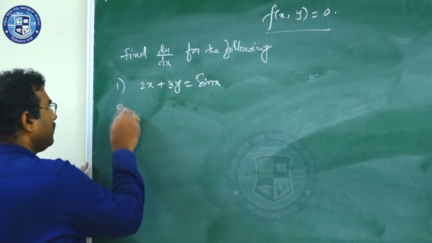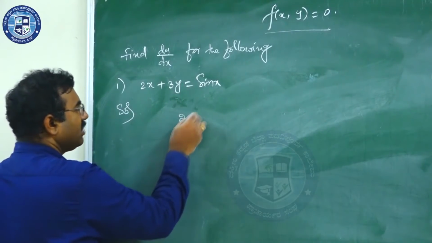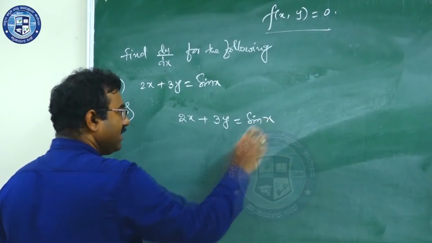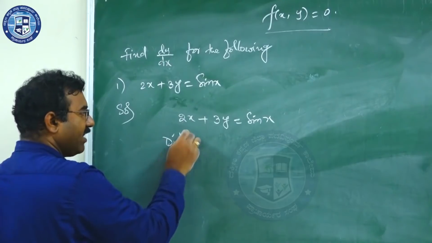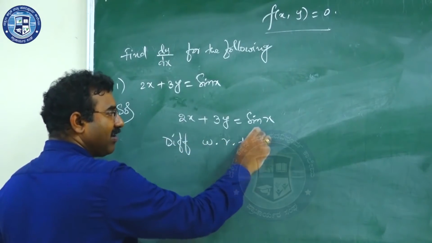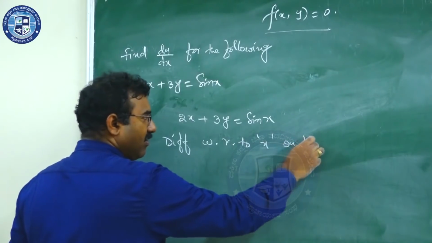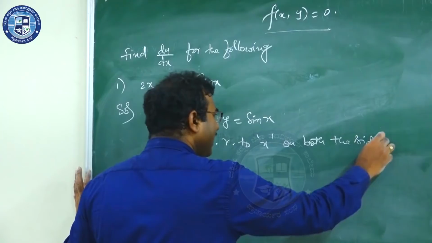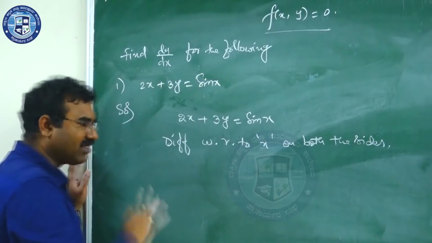What do we do? This given thing, 2x plus 3y is equal to sin x. Just differentiate with respect to x on both the sides. We won't write again y in terms of x, all those things.